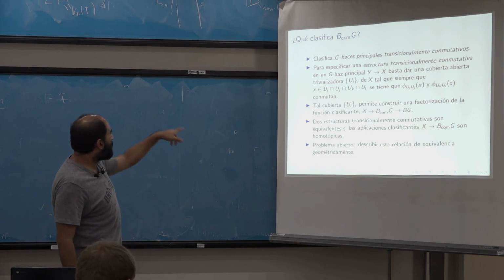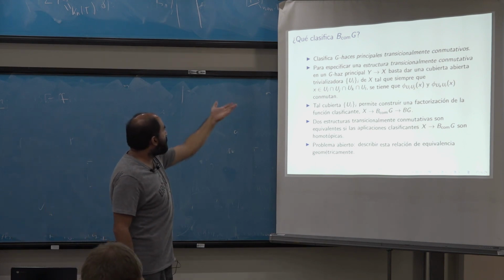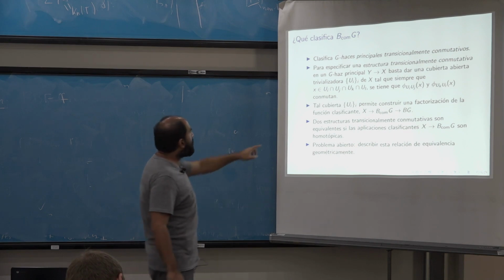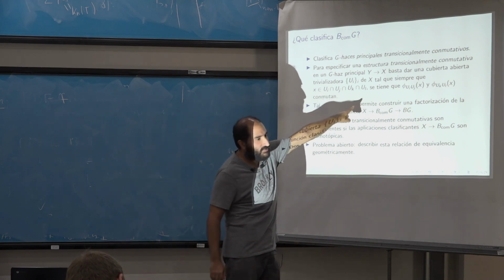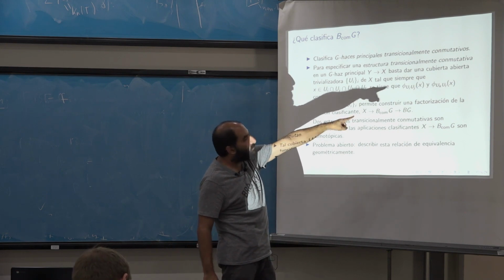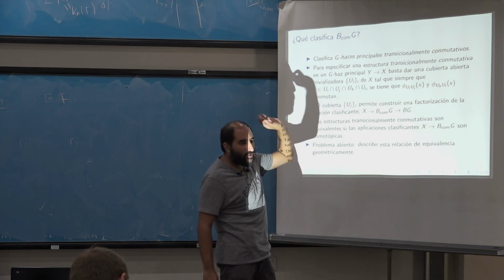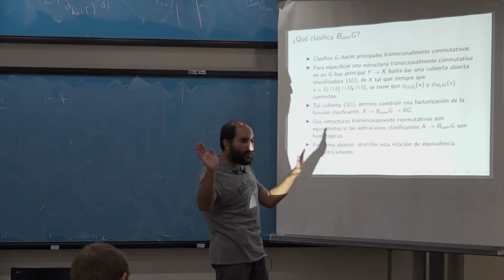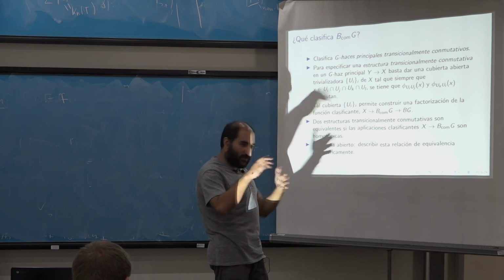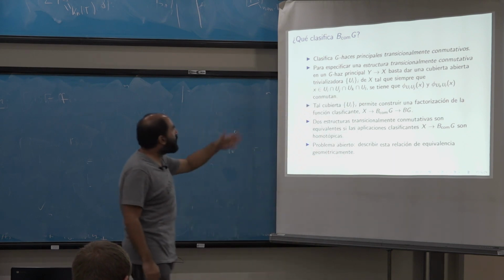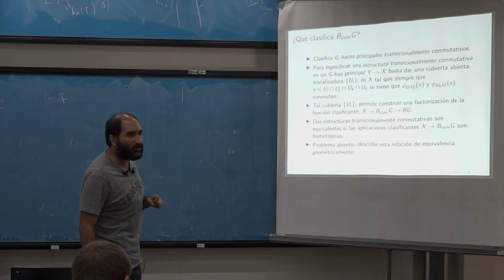So if you have a set of transition functions describing a principal G bundle, you can ask whether or not that cocycle is commutative, meaning that whenever you have a point that's in two double intersections of opens in the trivializing cover, the values of the transition functions at that point commute, right? So transition functions always commute pointwise throughout the intersection of their domains. And if that's the case, you can call the cocycle a transitionally commutative cocycle.